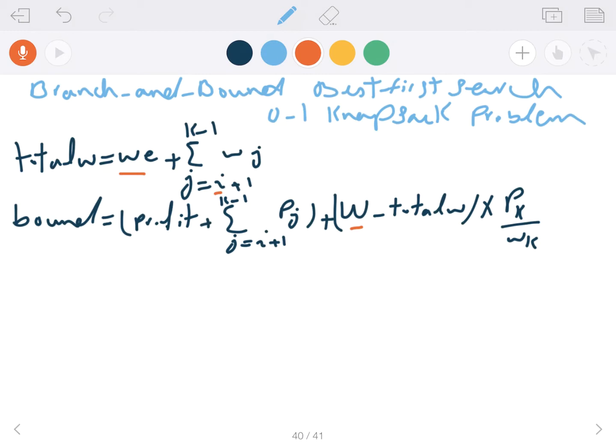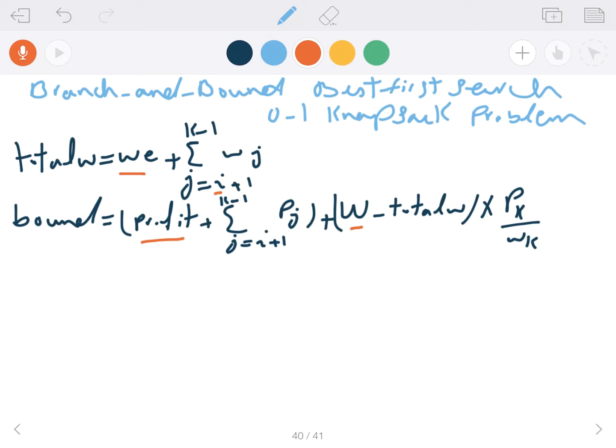Then we're going to have the bound, which says how much is going to be the maximum bound on any node. So that's going to be the profit that we gained so far. You can see that this w_i is the weight that we have so far, and this profit is the profit that we gained so far by picking some of the items.